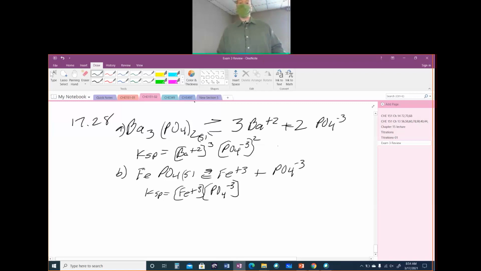Now, if we were doing this in terms of S, so for a little extra problem here, so you start with 0 and 0. It would go to the right. You would get 3S. You would get 2S. And so you'd substitute that in, and you'd have KSP is equal to 3S to the third, and 2S to the second.